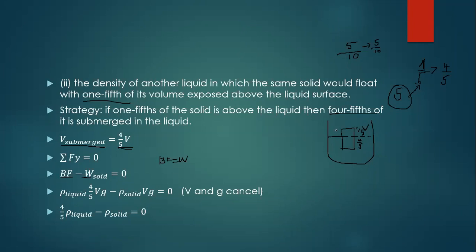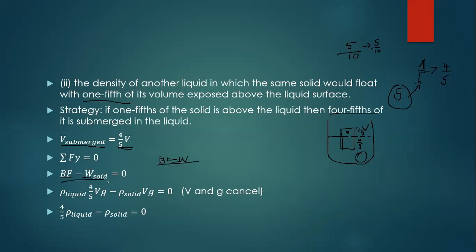If this solid is not sinking, it is floating, even if just a small portion of it is on top, it is still floating. So only when the solid is floating do we use this condition, and we have used it here.